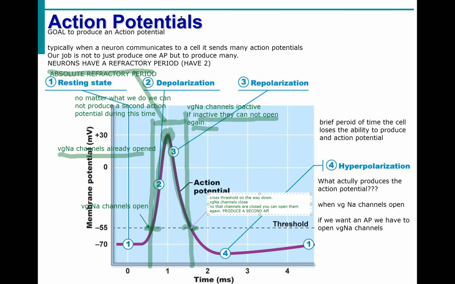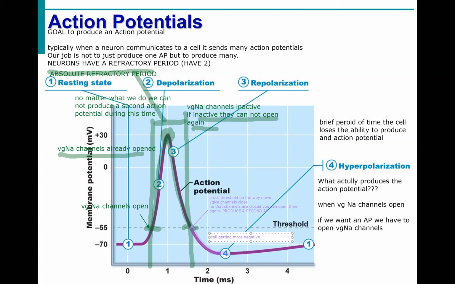But if you notice, there's a problem. And I'm going to go back to highlighting in purple to show this. Notice that, yes, we've crossed threshold on the way down, but the cell is getting more negative.